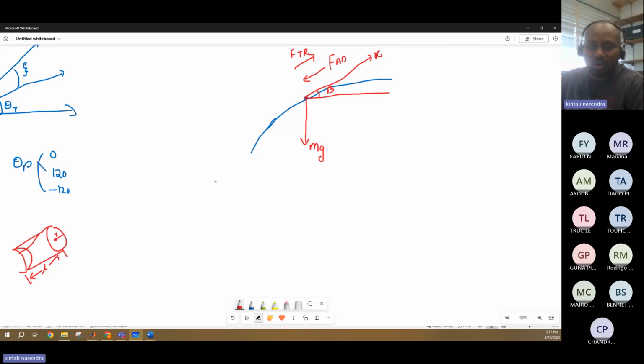aerodynamic drag. Now there is also friction. The vehicle is moving against the friction, and it is called F roll. Another important force acting against the vehicle is because of this mg, called FGST.